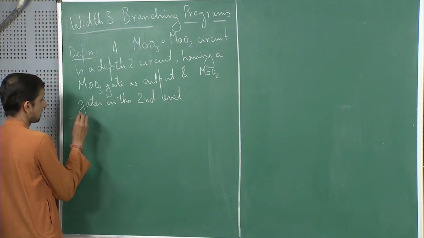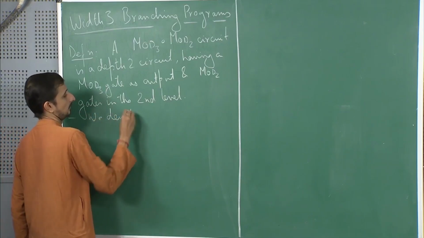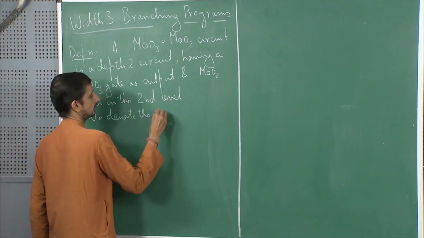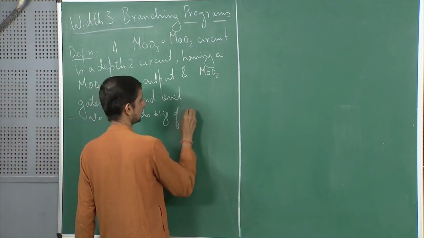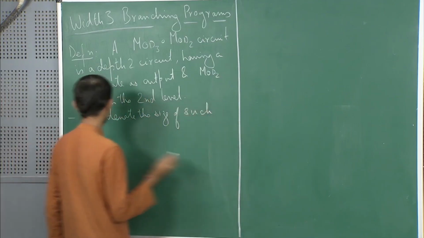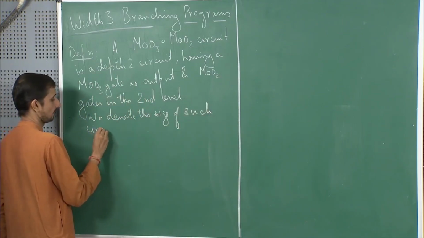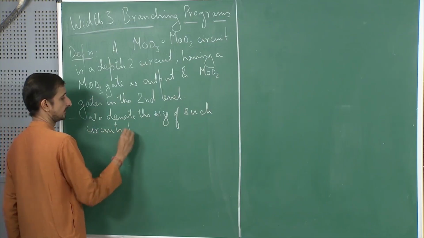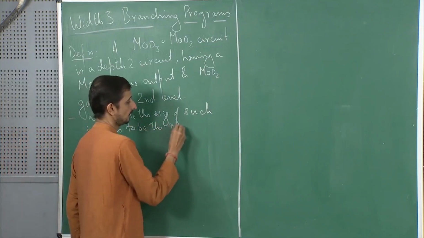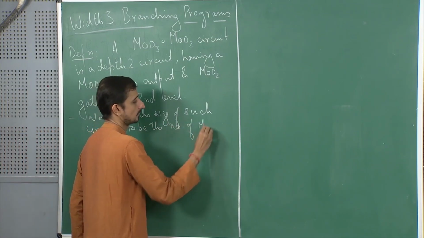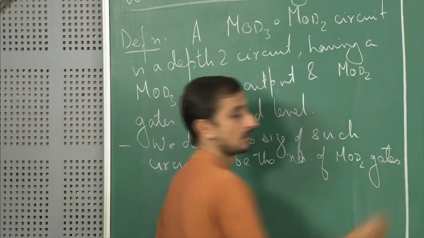And we denote the size of such circuits to be the number of mod 2 gates.